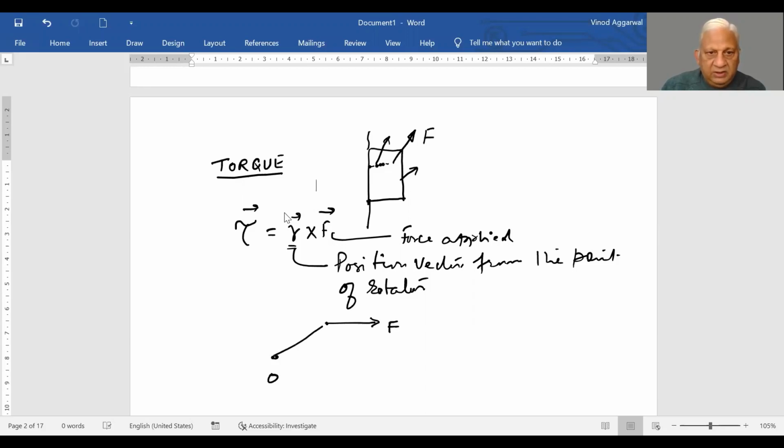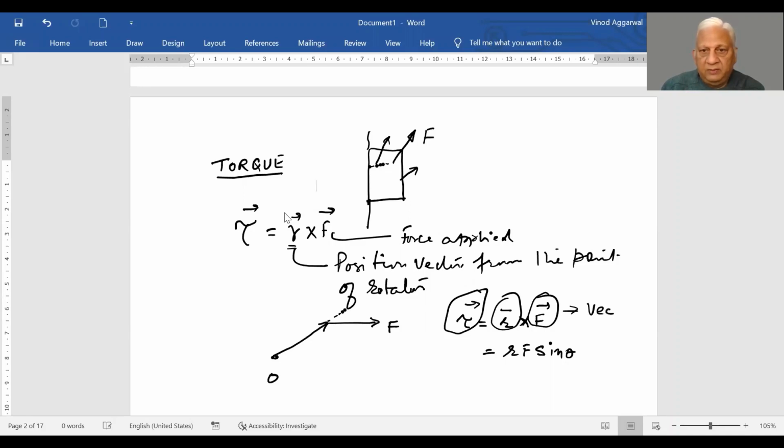Then this is r vector, right? This is F vector. So torque will be r cross F, or in magnitude this is rF sin theta. Torque is a vector quantity, because r is a vector quantity, F is a vector quantity, and we are taking cross product. Cross product will be a vector, right?